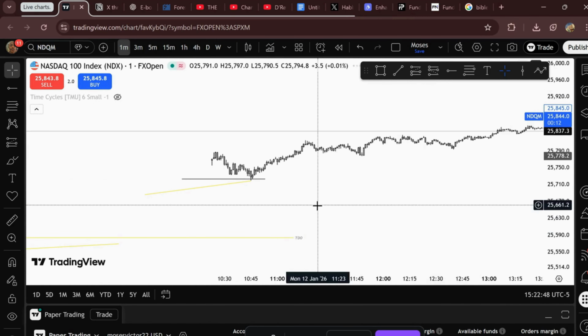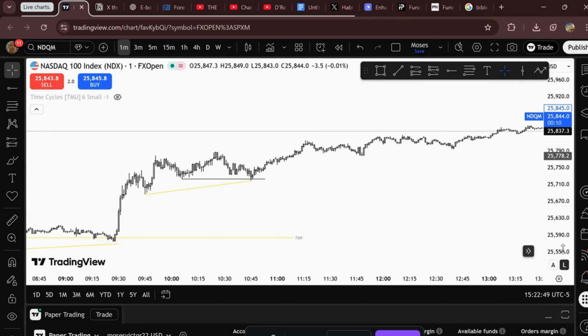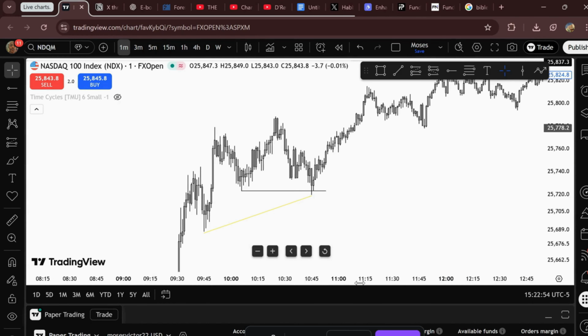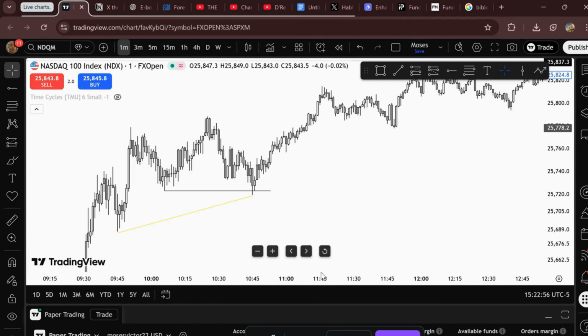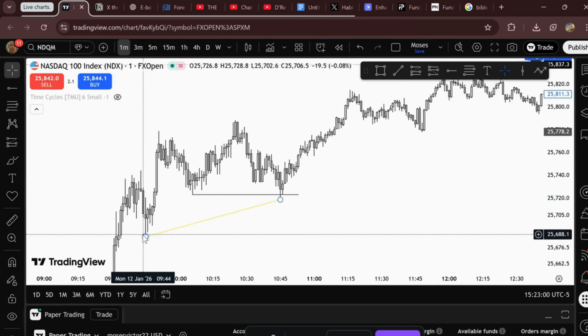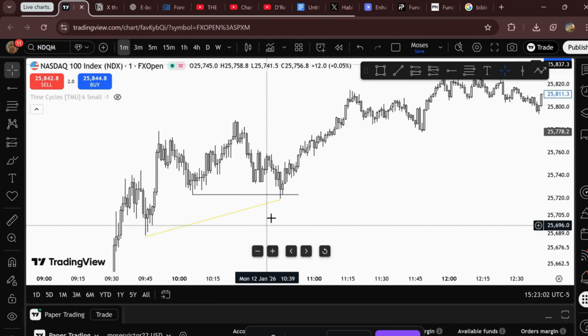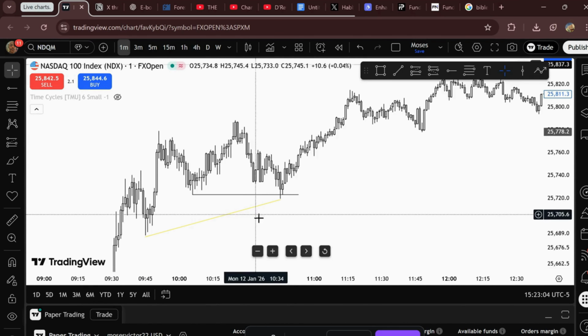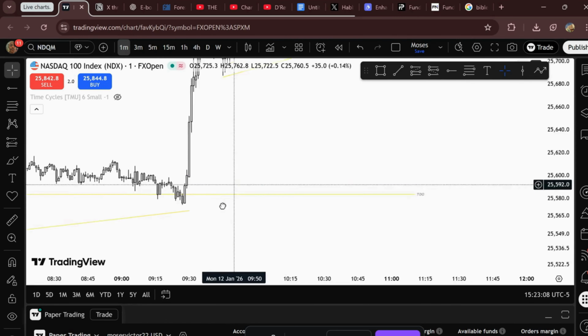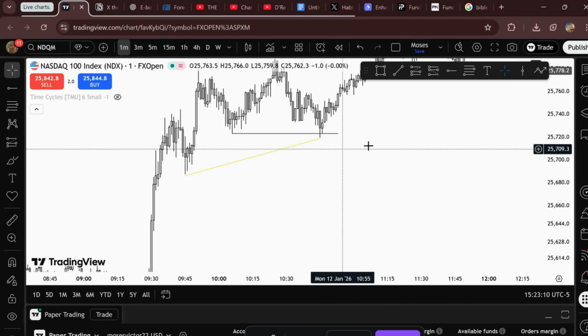So I waited for the 10:45 to 11:15 macro for any possibility of entering into the trade. And remember, this is the second stage SMT. The first stage SMT was with London's low, right? Was it London's low here? This is the second stage SMT, right?